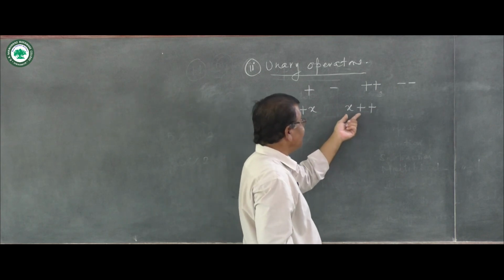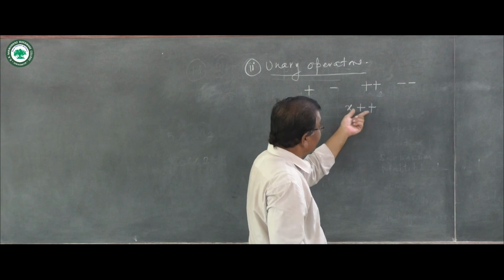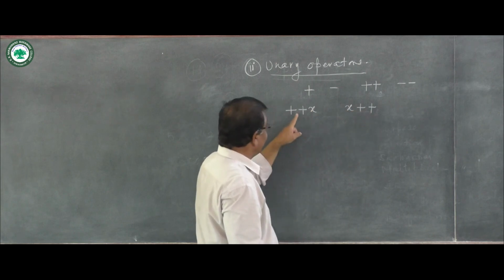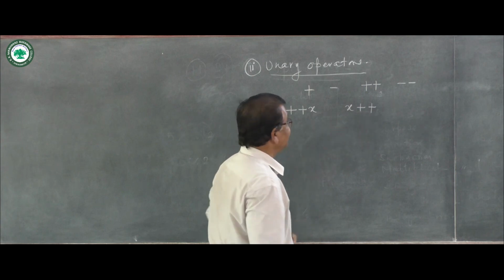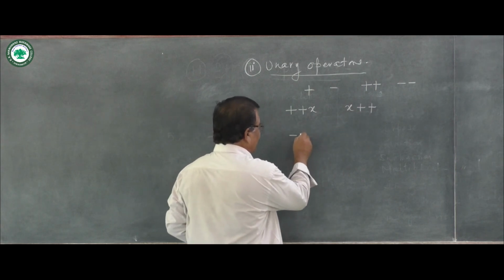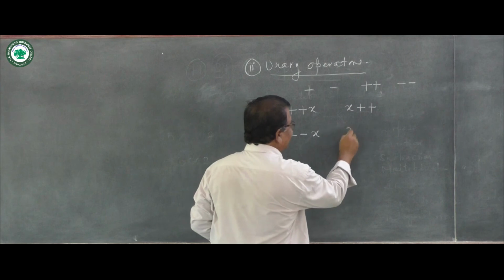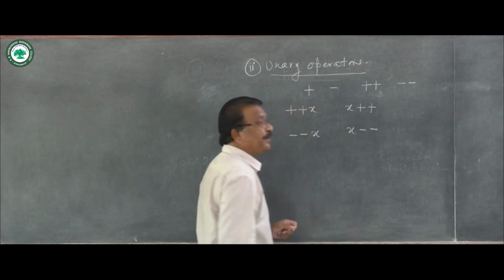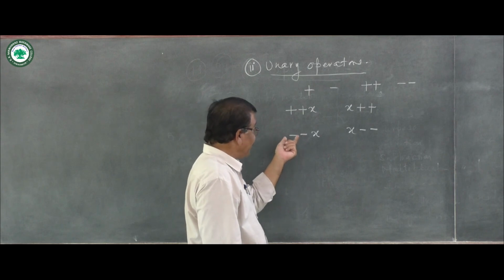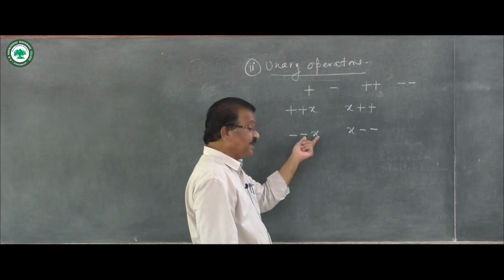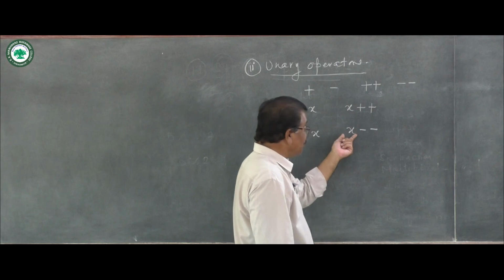X plus plus means the value of x is used first and then incremented. Similarly, for the decrement operator, minus minus x and x minus minus are 2 ways of using it. The value of x is decremented first and then used, or used first and then decremented.